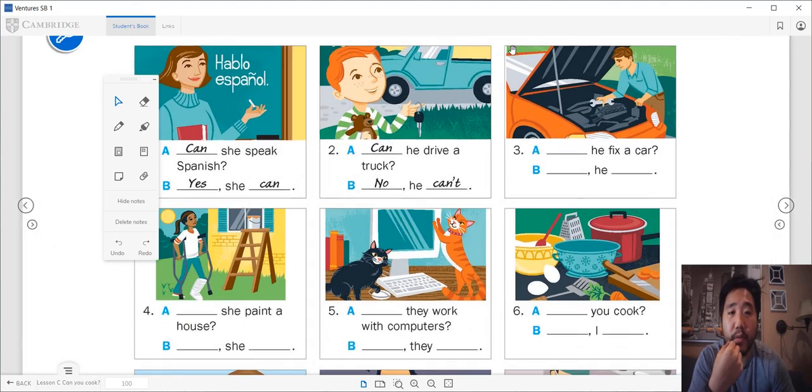So number 3, we have this picture. There's a man with a wrench, and there's a car. It looks like he's trying to fix his car. So here we can ask, number 3, blank he fix a car, blank he blank.